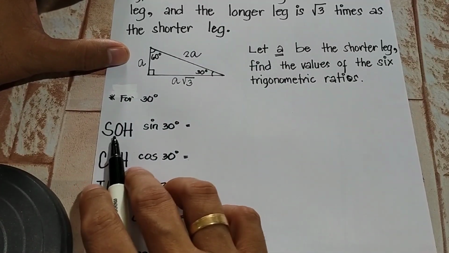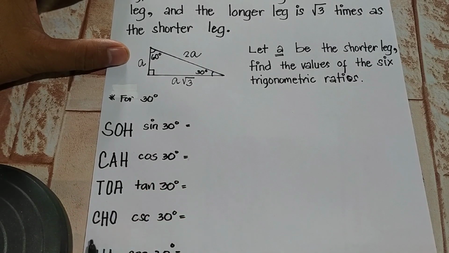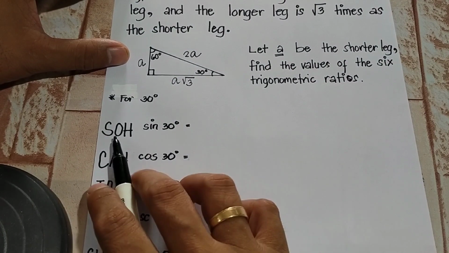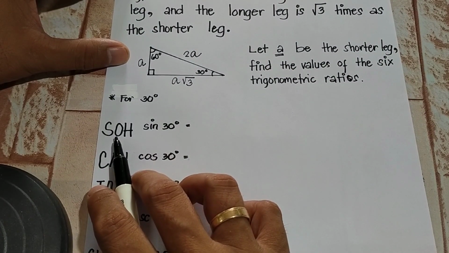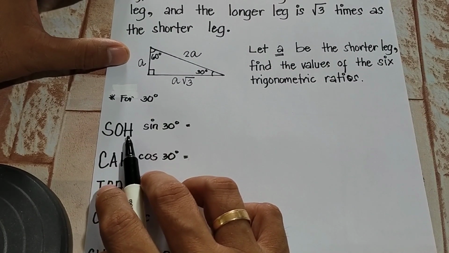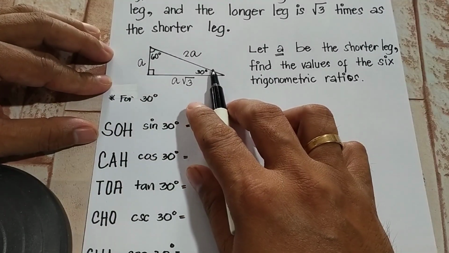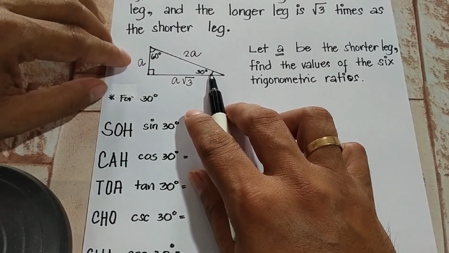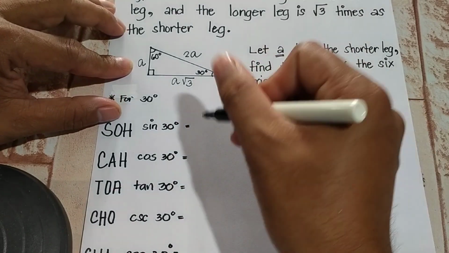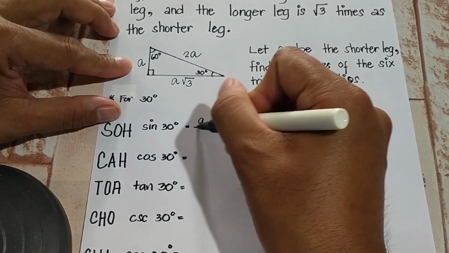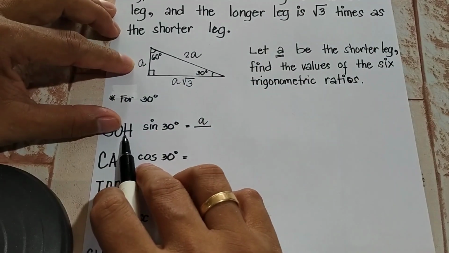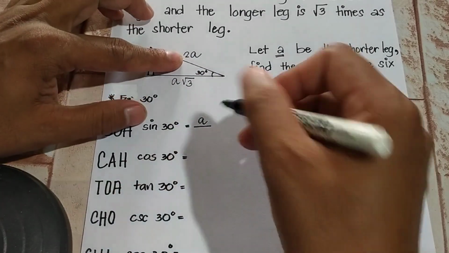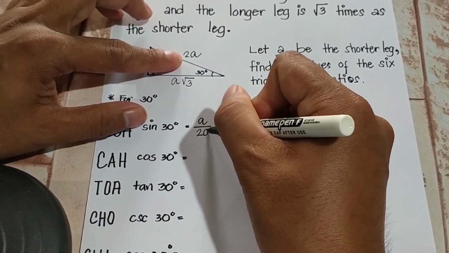We have the mnemonic device, SOH-CAH-TOA. Sine 30 is equal to opposite over hypotenuse. So where is the 30 degrees? Here. Therefore the opposite is A over the hypotenuse. What is the hypotenuse? That is 2A.